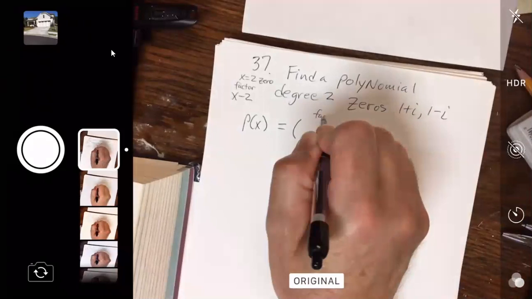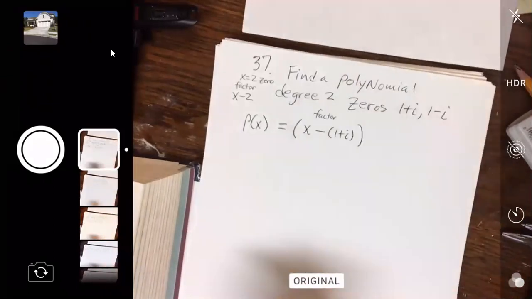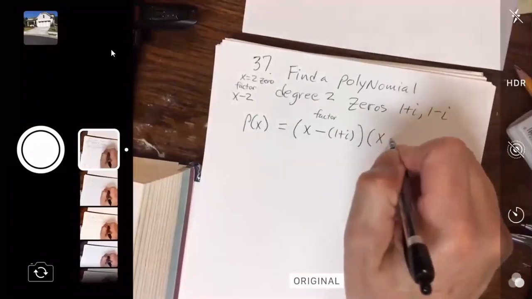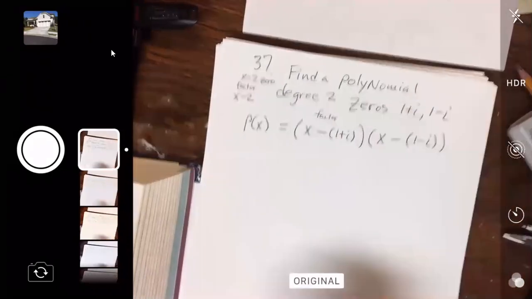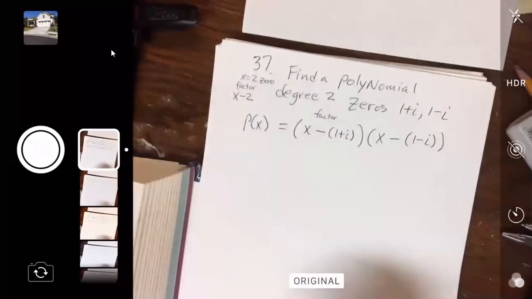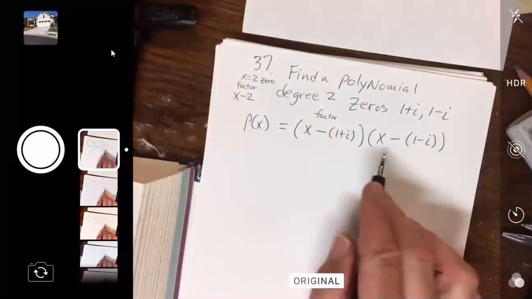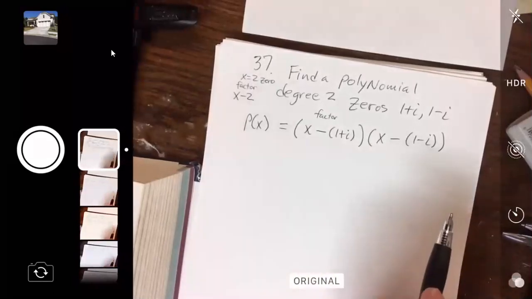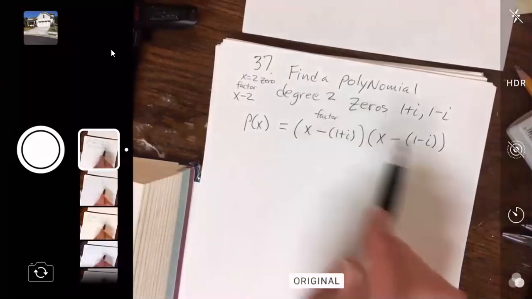But I got to stick it in parentheses because it's got 2 pieces. Same thing with this, x minus 1 minus i in parentheses. The rest of this is just nothing but algebra, distributing through, foiling, and boiling it down. It should wind up with a quadratic. Degree 2 will have an x squared, an x, and a number.